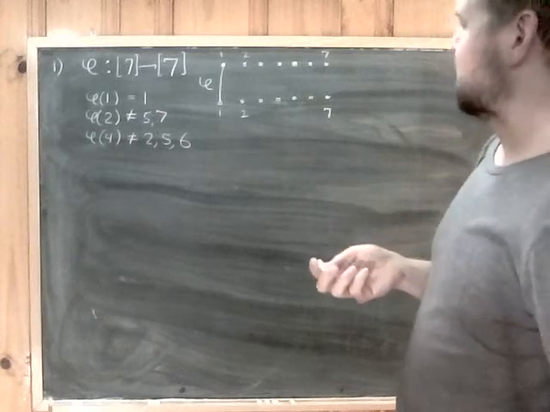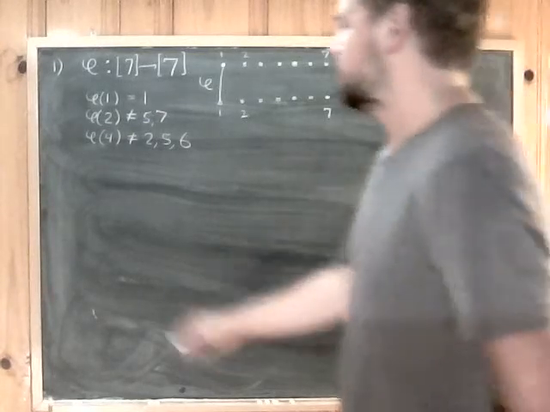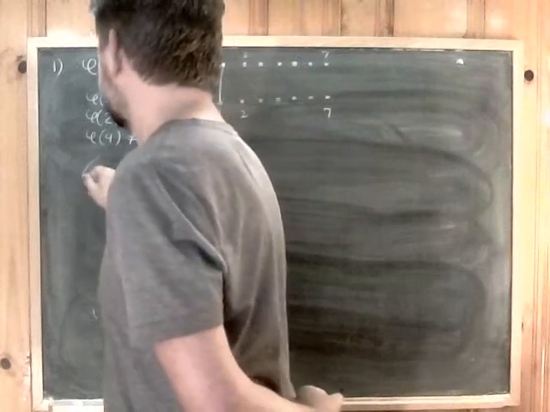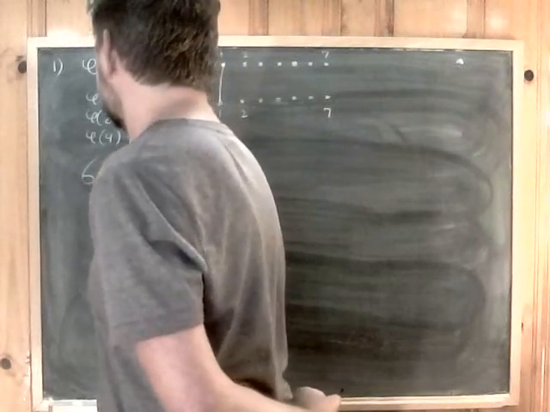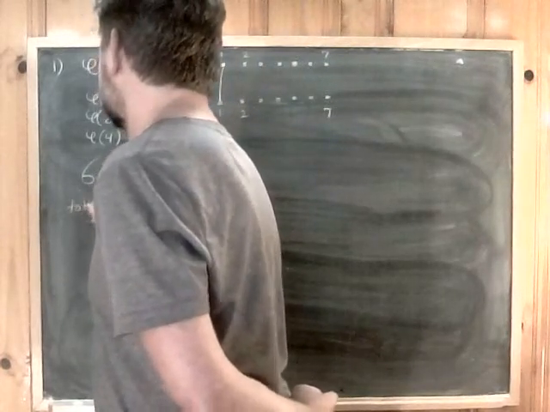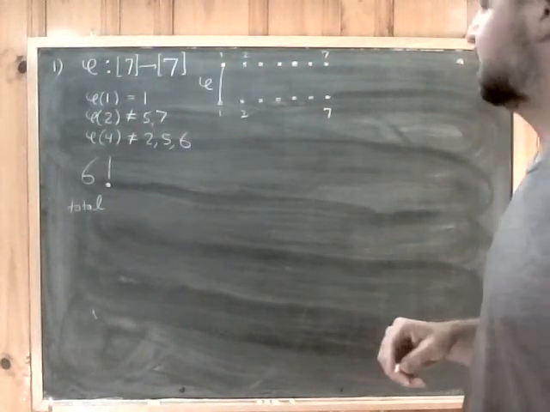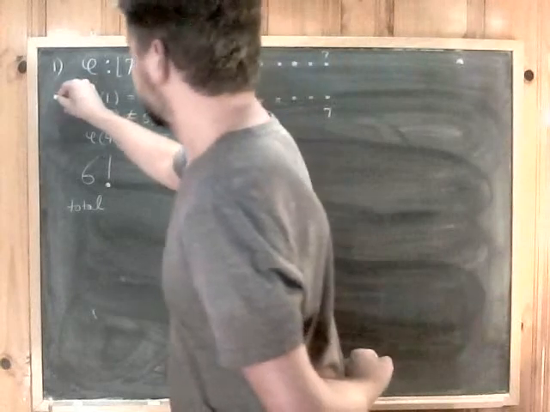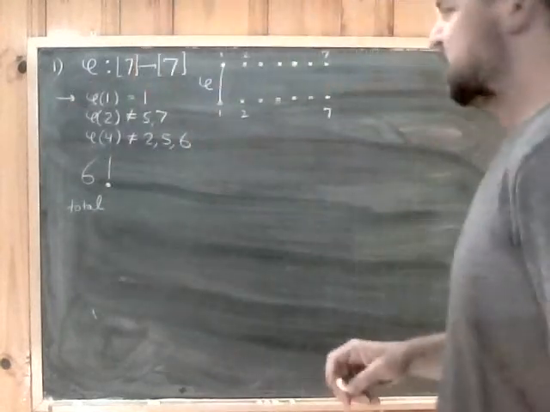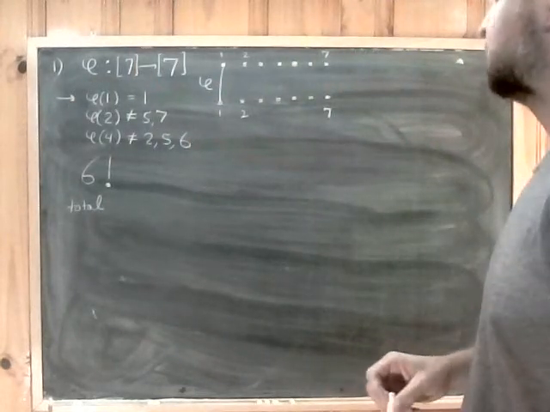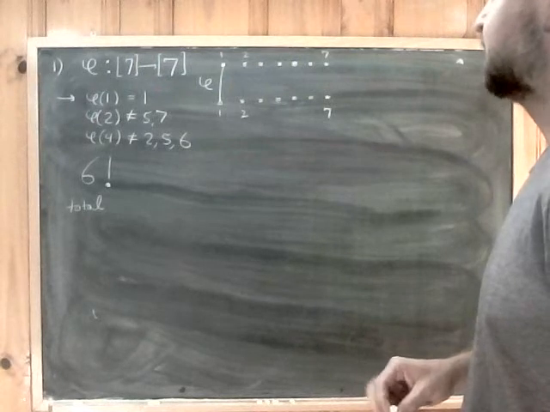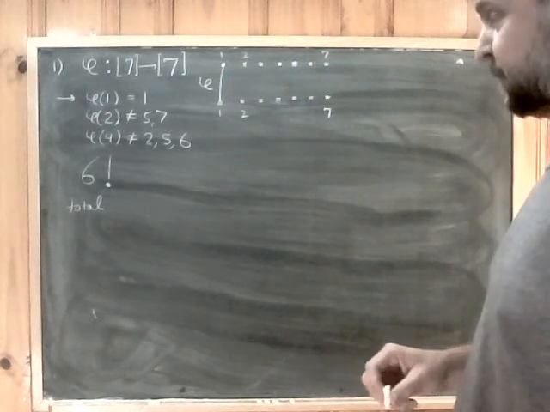In other words, we start off with the total being 6 factorial. Even though it's from 7 to 7, because of the requirement that phi of 1 equals 1, really all we have is 6 factorial. All right, now we need to start subtracting.